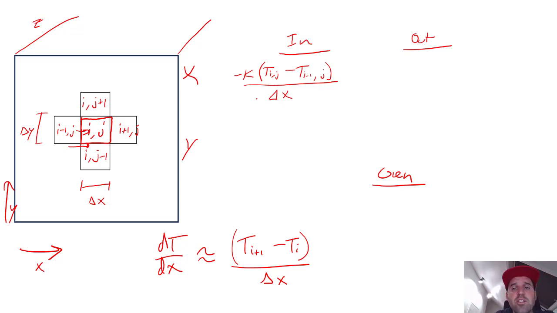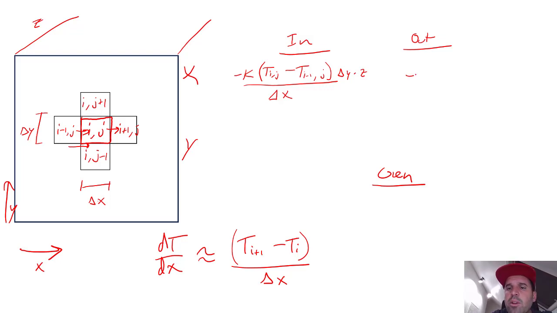So here we would multiply this by our cross-sectional area, which is going to be delta y multiplied by z. So that z doesn't really matter. We could call that L or whatever for the length of this beam, but we'll just stick with z. All right, so going out, now energy would be crossing this boundary.